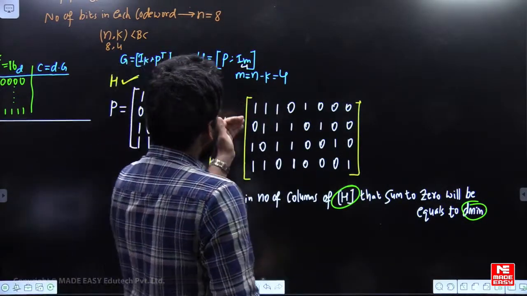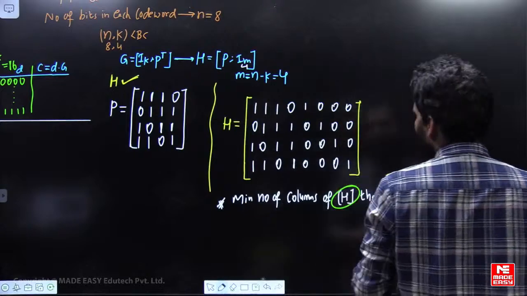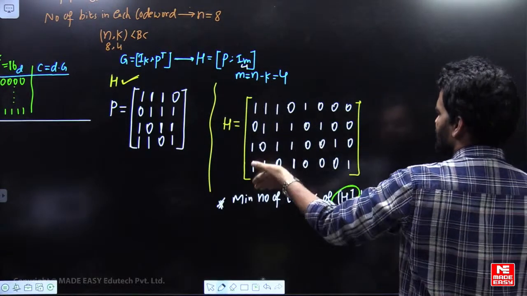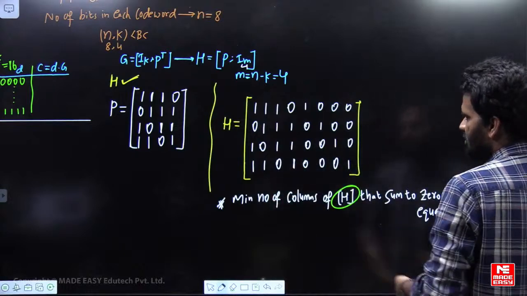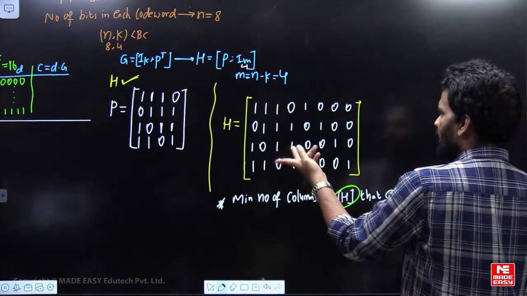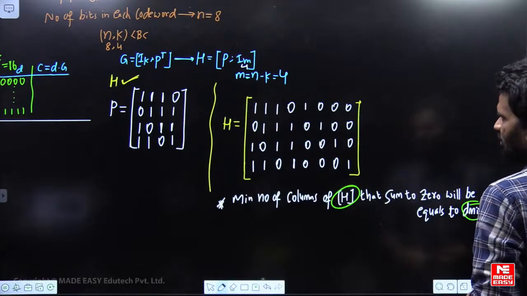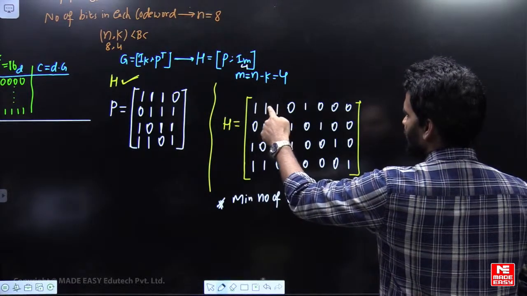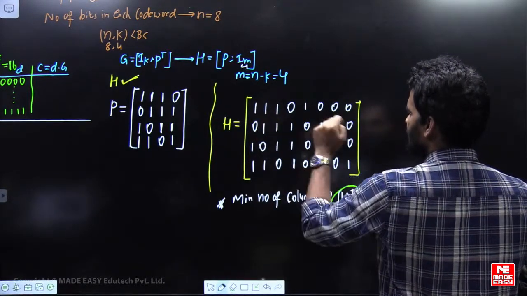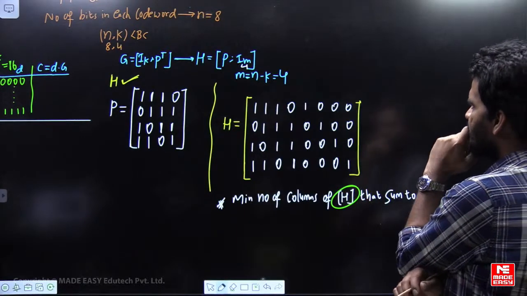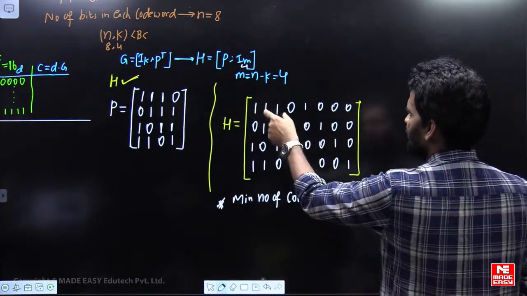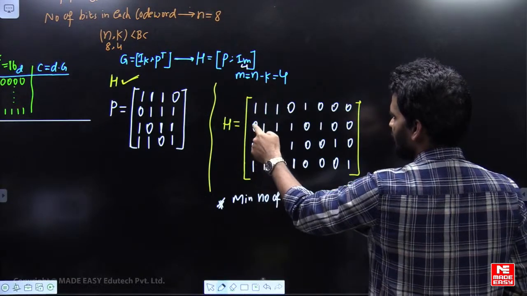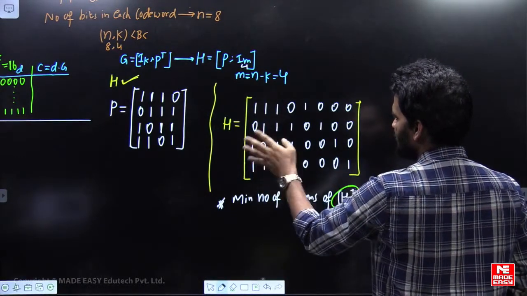Is the sum of any two columns 0 here? If you take any one column, it is not 0. If you see the sum of any two columns, if you take these two columns, the sum is not becoming 0. So 0 plus 1 is 1, 1 plus 0 is 1.